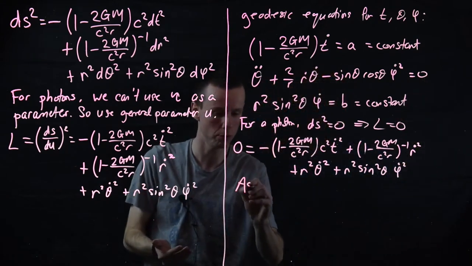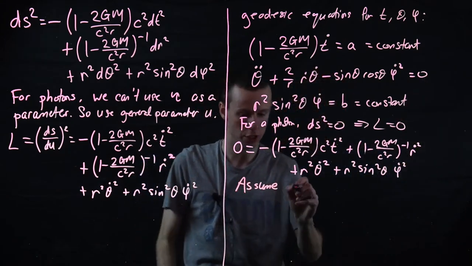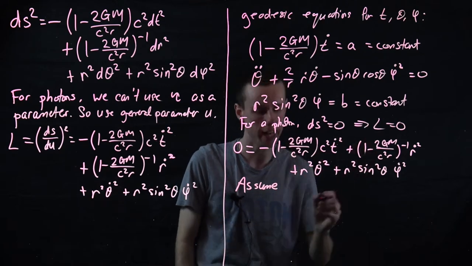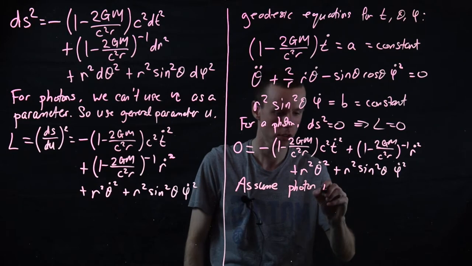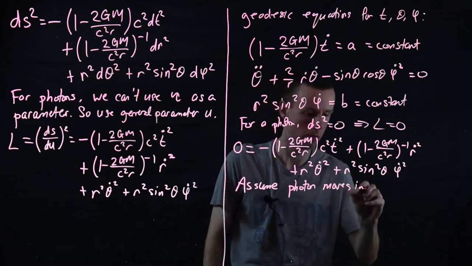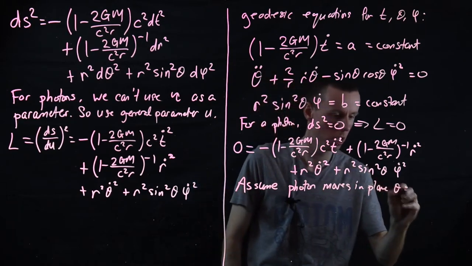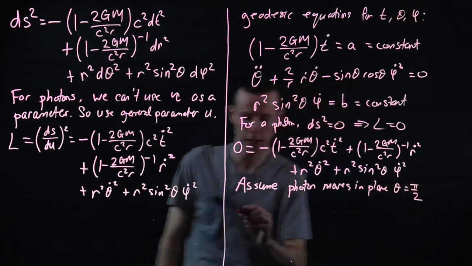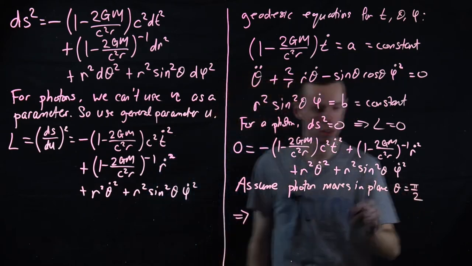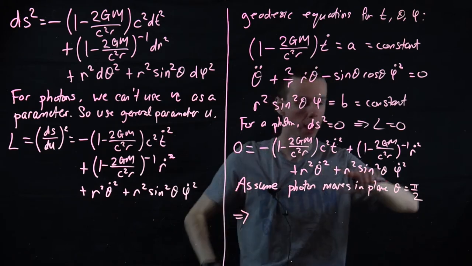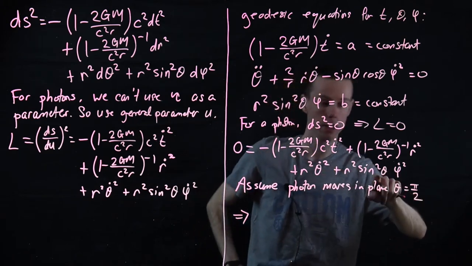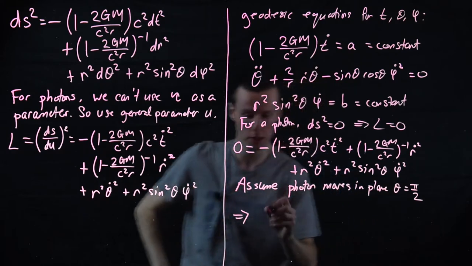So we can just assume, quite freely, that the photon moves in the plane theta equals pi over 2 for all time. It stays on it. So then theta dot is always 0, and sine theta is always 1.